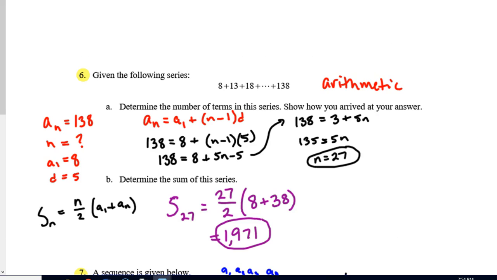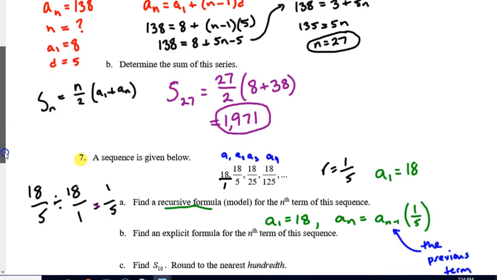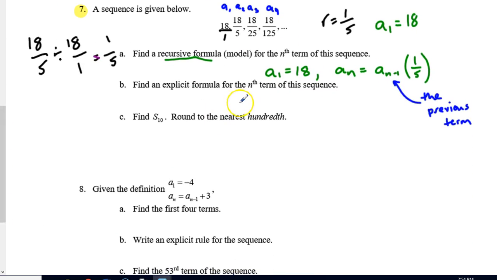So back over here, a sub n equals the first term times the common ratio to the n minus 1 power. That's our explicit formula. It allows us to jump, like if I wanted to jump to the 12th term, I could do that really easily just subbing in 12 for n.